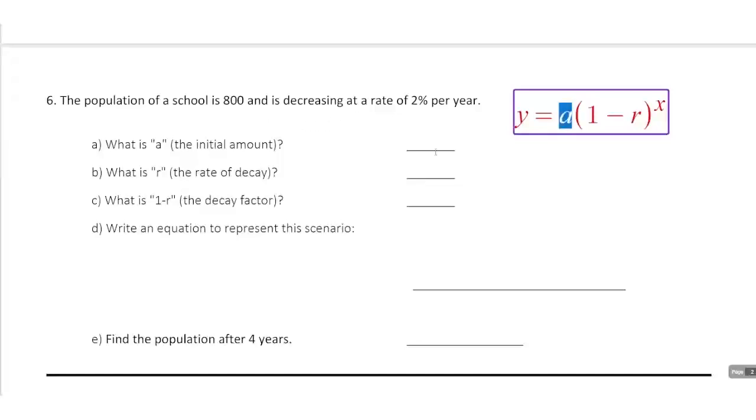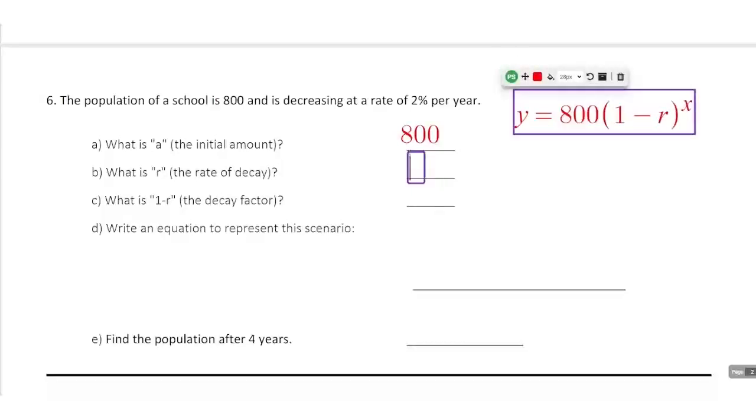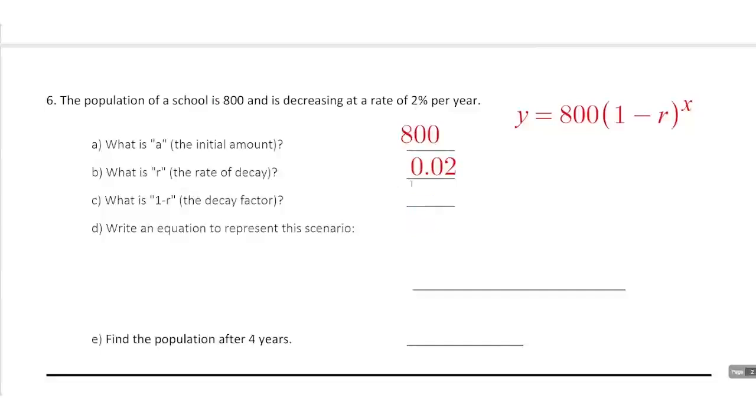The initial amount here, which is what it asks for first, is going to be 800. That's the initial population. The r, or the rate of decay, is 2%, so we'll write that as 0.02. If we do 1 minus 0.02, or 100% minus 2%, that'd be 98%. So our 1 minus r is going to be 0.98.